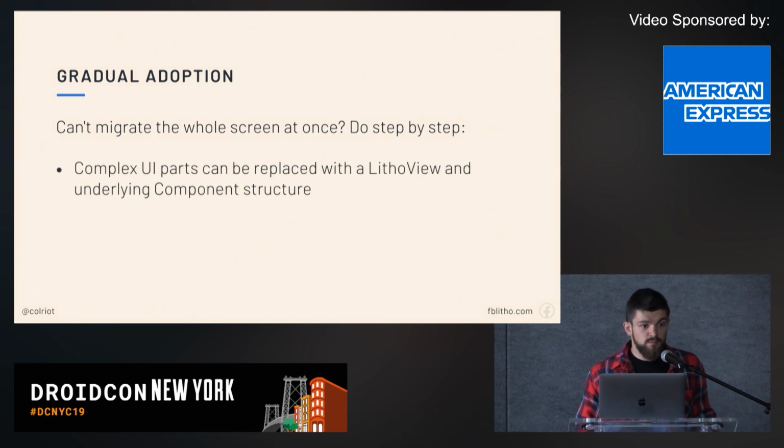You can do that step by step because we have an ability to interop between views. So complex UI parts can be represented with Litho components. And in the screen, in your XML layout, at that specific place, you can just use LithoView in XML and find it by ID, and then put Litho component there. It will be rendered by Litho.